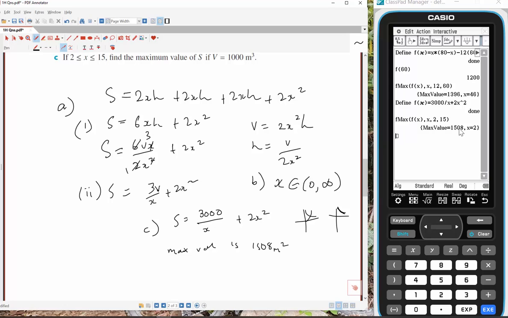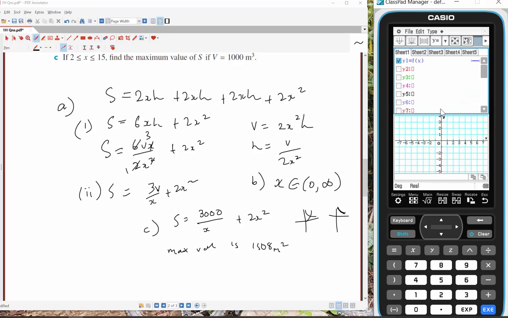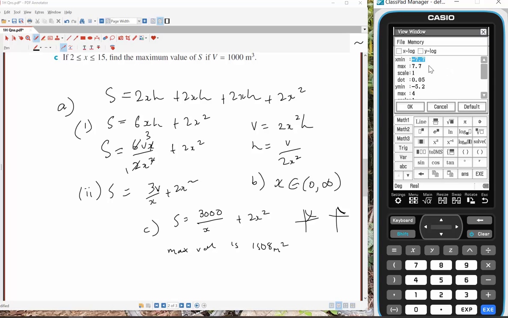Okay, so noting that that's our domain, we want to graph this thing. So I'll go into the graph and table and adjust my Cartesian planes so that it goes up by a massive amount, between 0 and, let's go 20.